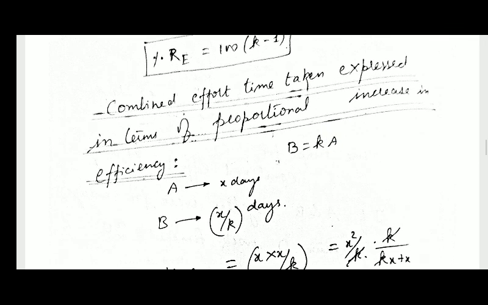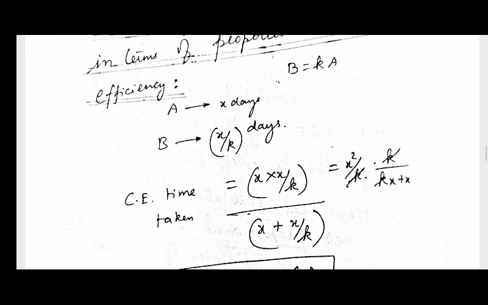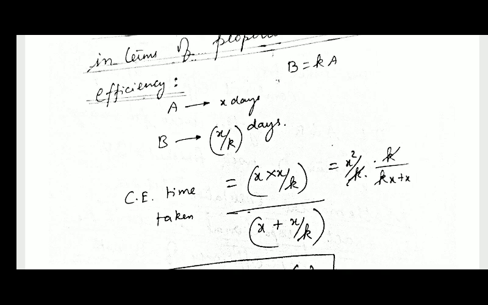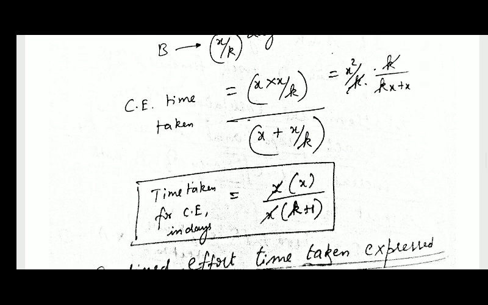Now we will frame the combined effort time taken expression in terms of the proportionate change of B with respect to A. So we will substitute every value. x is x as such, B will take x by k days. So the final value that comes out will be x by (k plus 1). So x by (k plus 1) is the number of days taken for the combined effort.